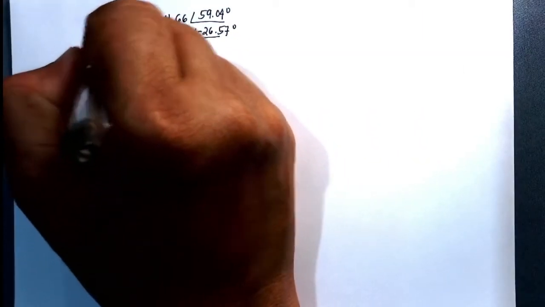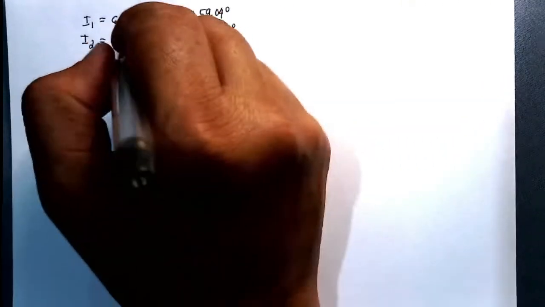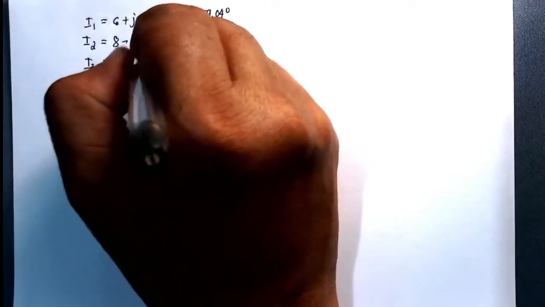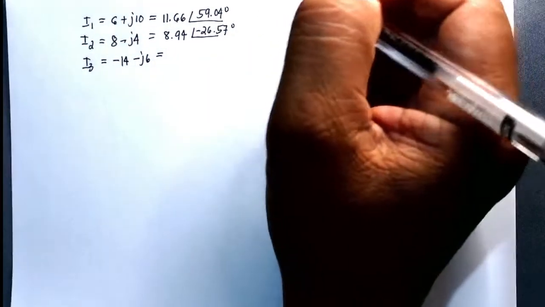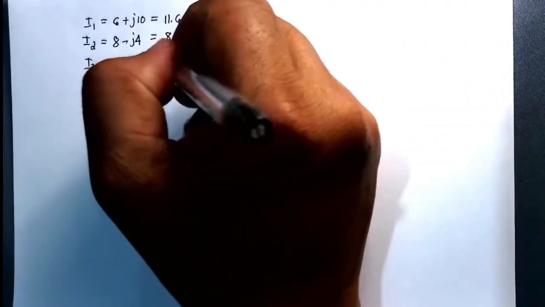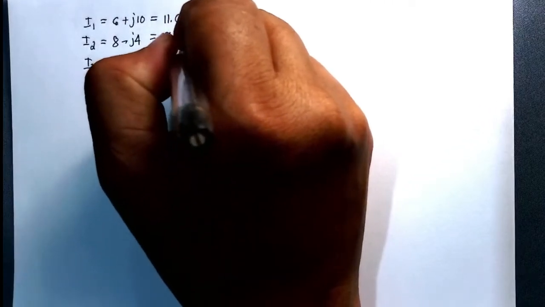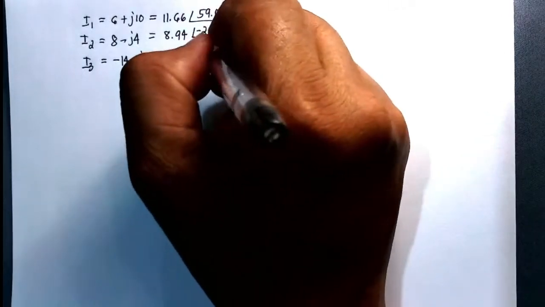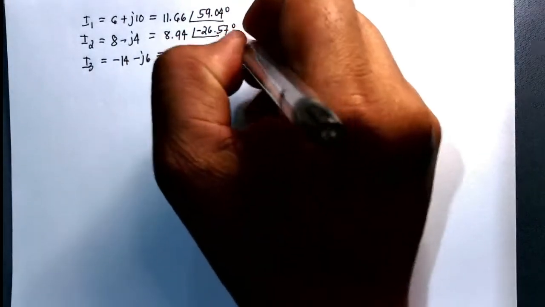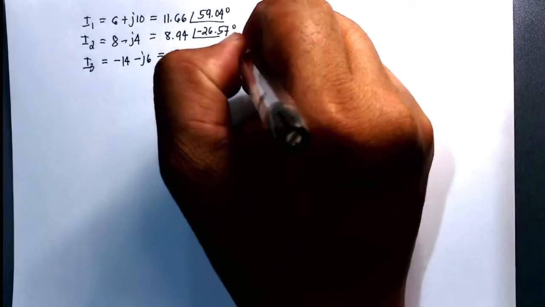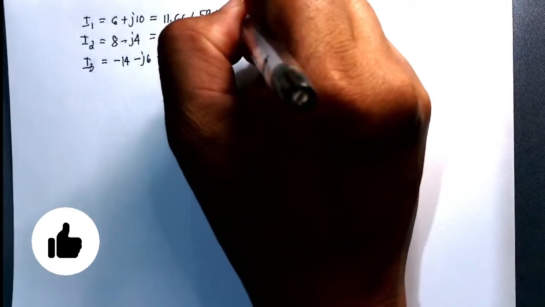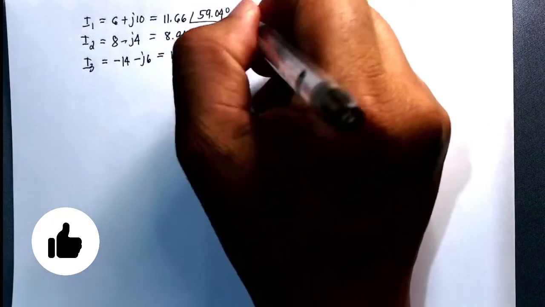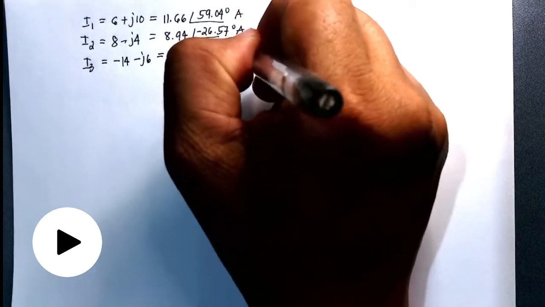And another current is I sub 3, which is negative 14 minus j6, and that will be 15.23 cis of negative 156.80 degree. So these are the current values, in ampere.